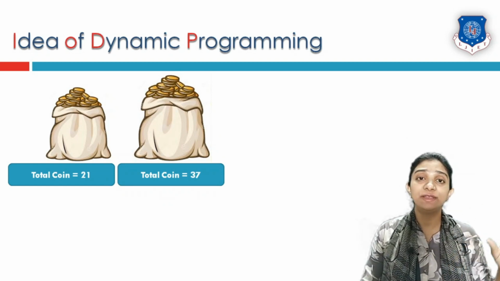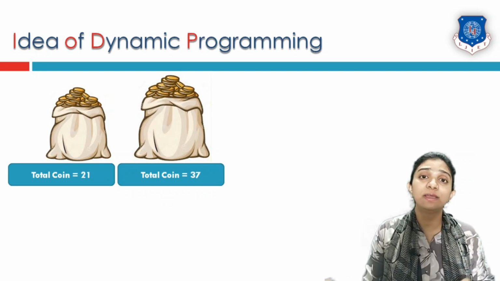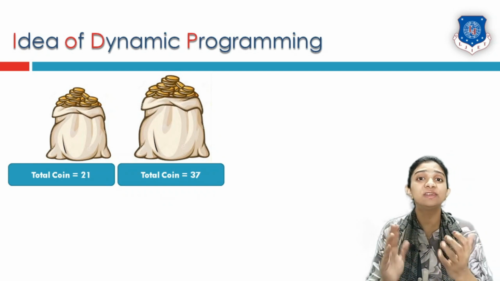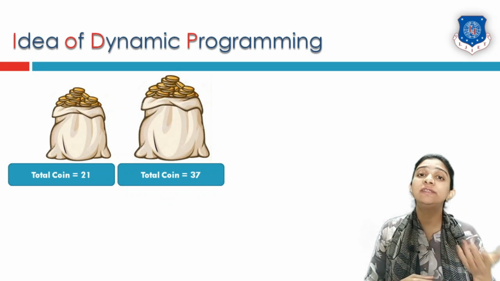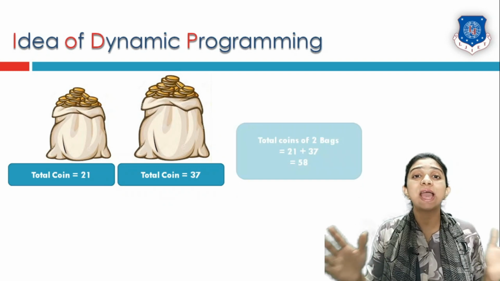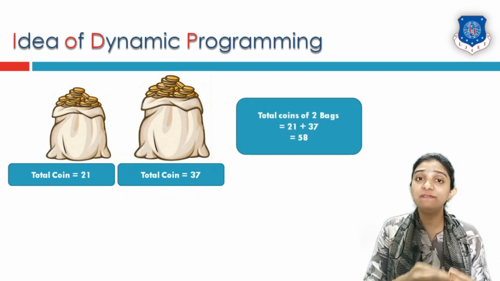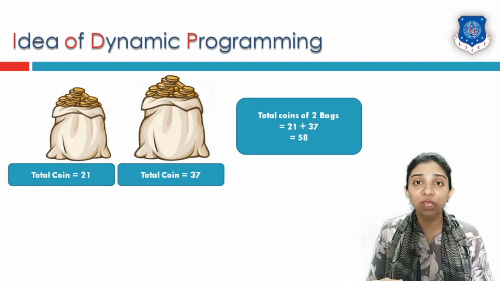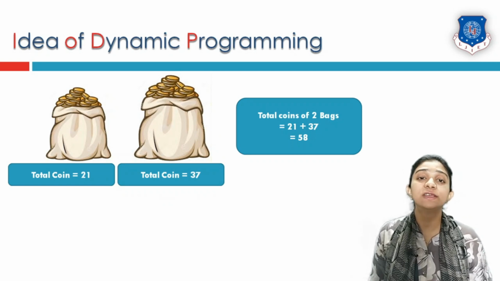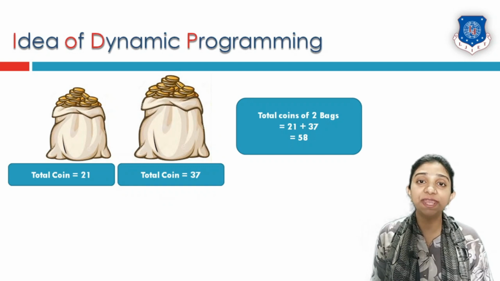So we have an answer of a subproblem, that is the total number of coins in one bag. We have an answer of another subproblem, that is the total number of coins in the second bag. And we want to generate a third answer, that is the total number of coins in two bags. We will use those two answers which were previously calculated to produce the new answer. So the total number of coins is 21 plus 37, that is equal to 58.